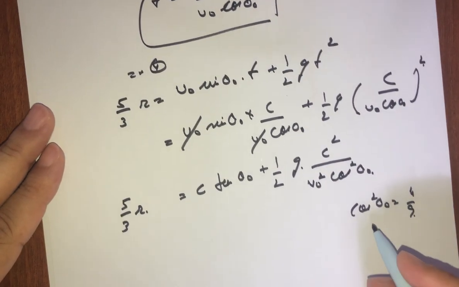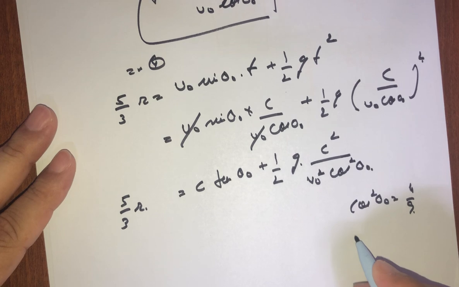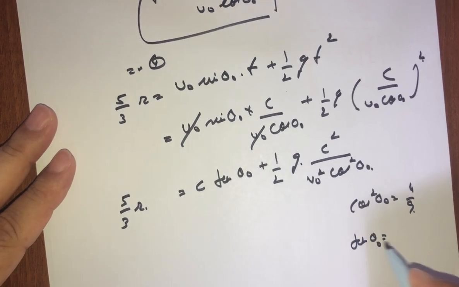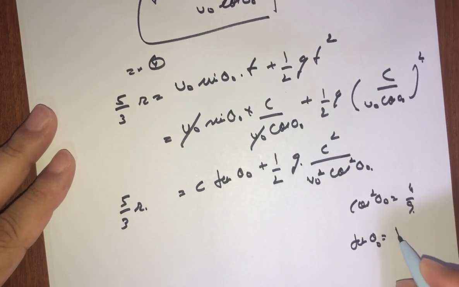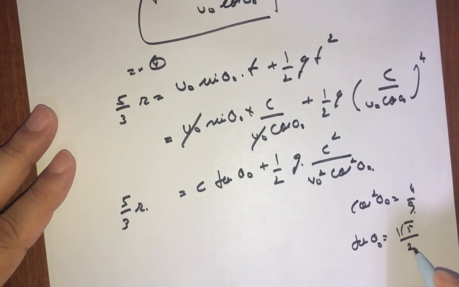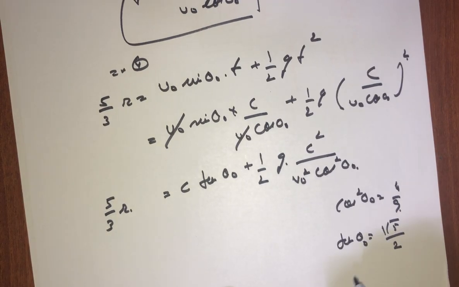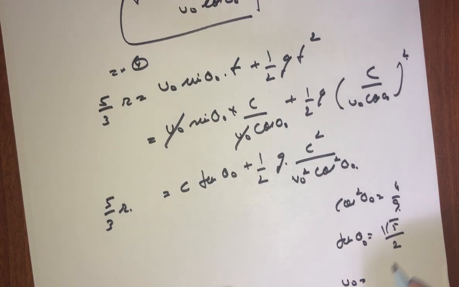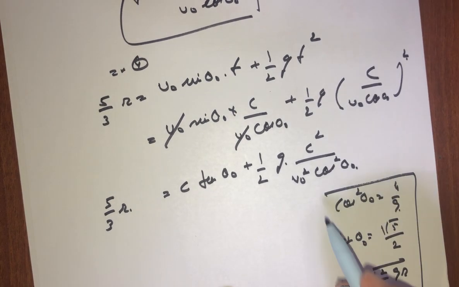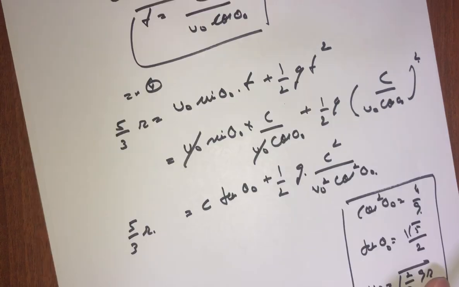From here we can find tan of theta naught, which will be equal to square root 5 divided by 2, and v naught we already found out, which was equal to the square root of 2 by 3 g r. We are going to use these values and substitute here.